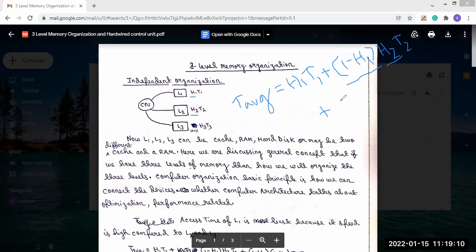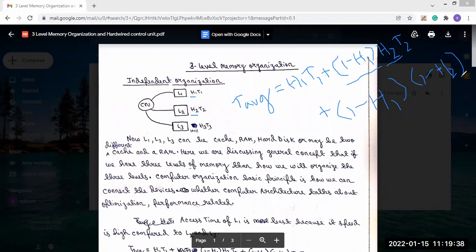You have said right, but the thing is that it will be 1 minus H1, then 1 minus H2, and here we will not consider the H3.